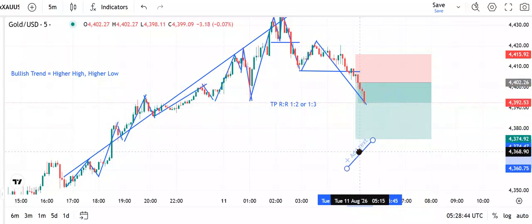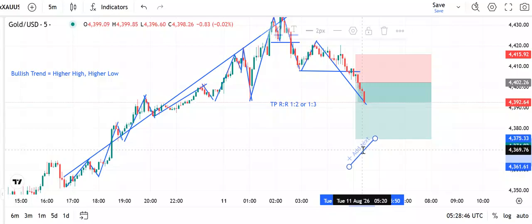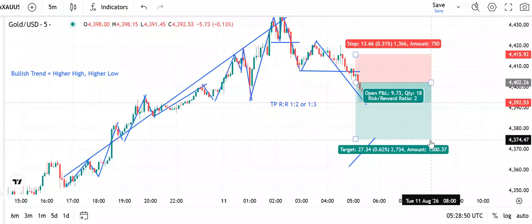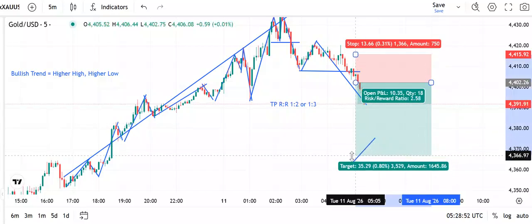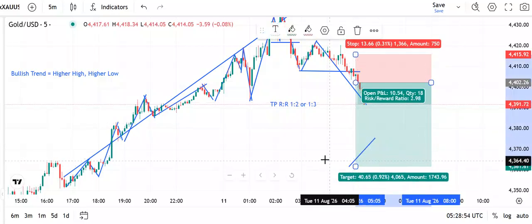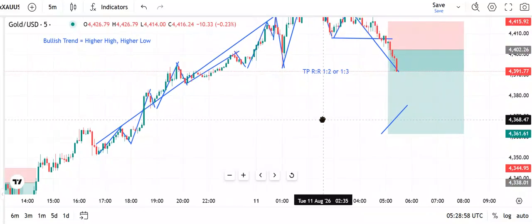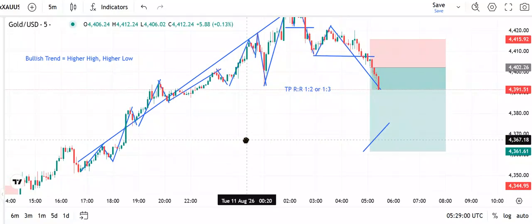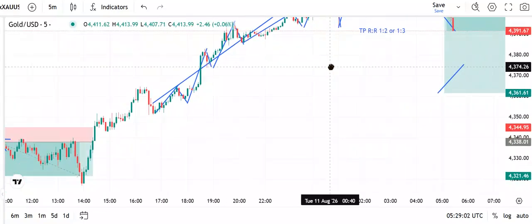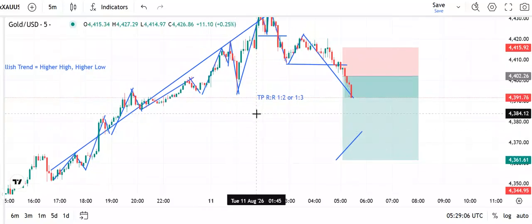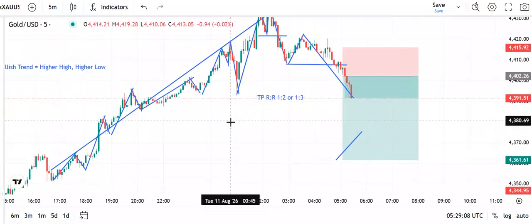I could have well extended it to 1 to 3, something that I can do. All right, and price might get there, but I see price going further down.